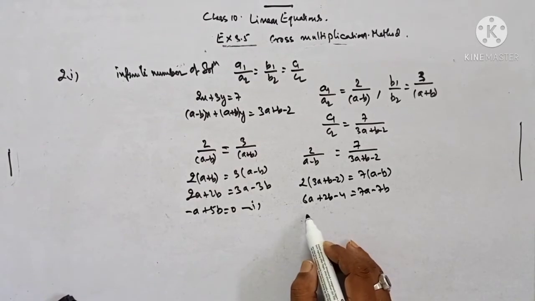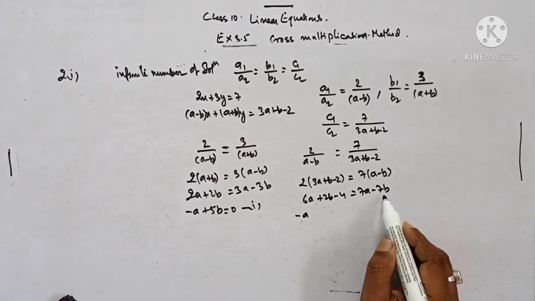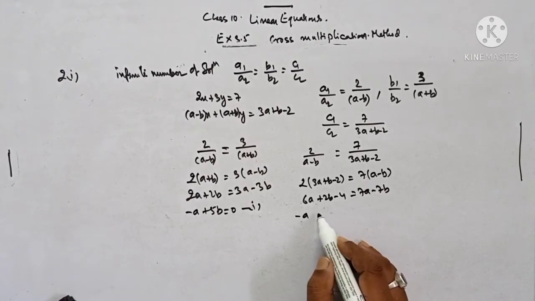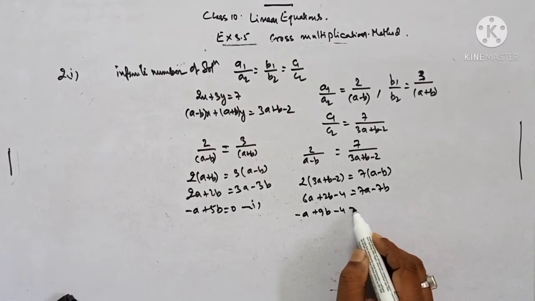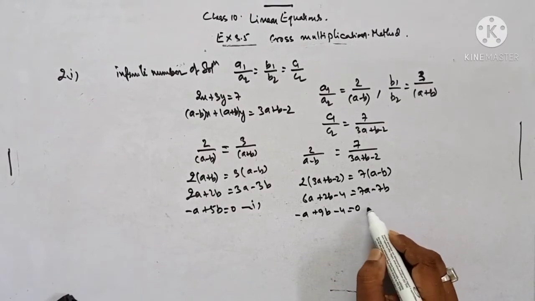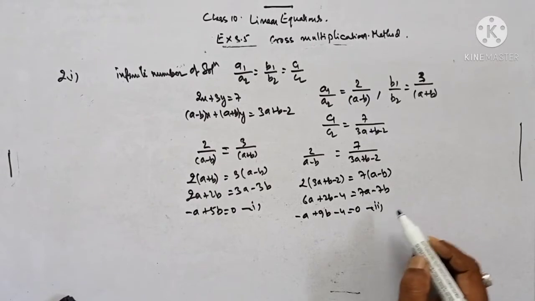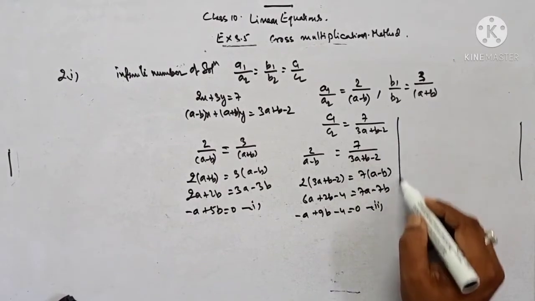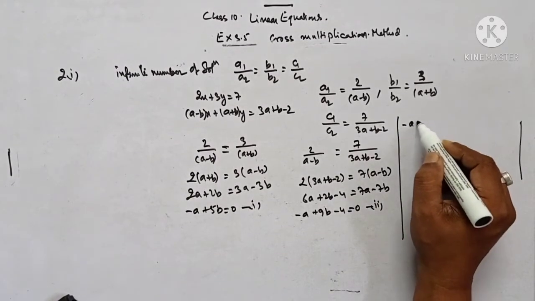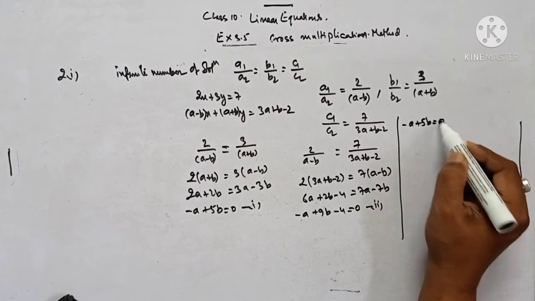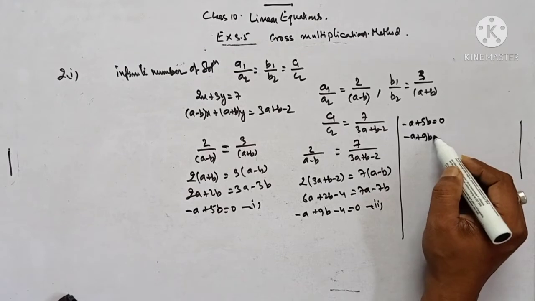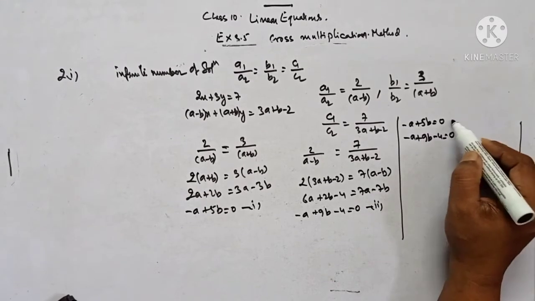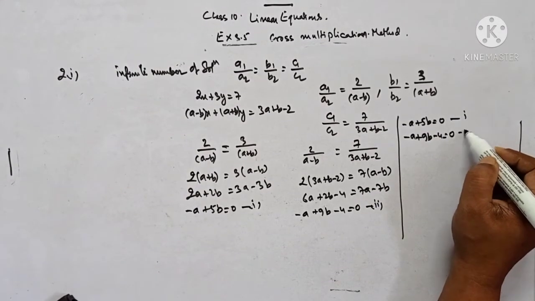Bring all this to one side, so this will be minus a plus 9b minus 4 equal to 0. This is equation 2. Now you take minus a plus 5b equal to 0 and minus a plus 9b minus 4 equal to 0. These two are your equations.